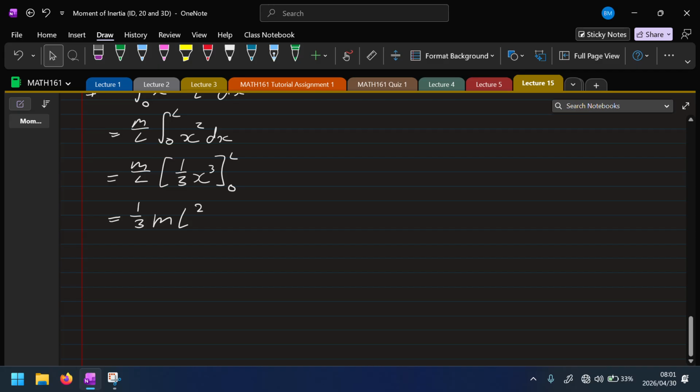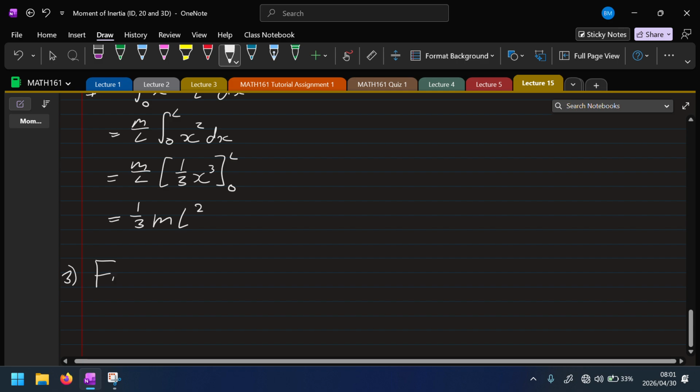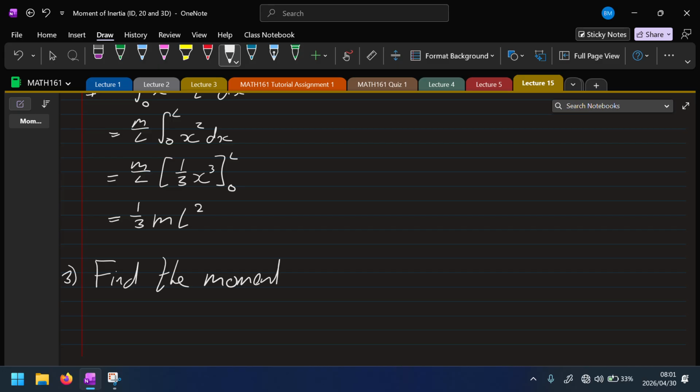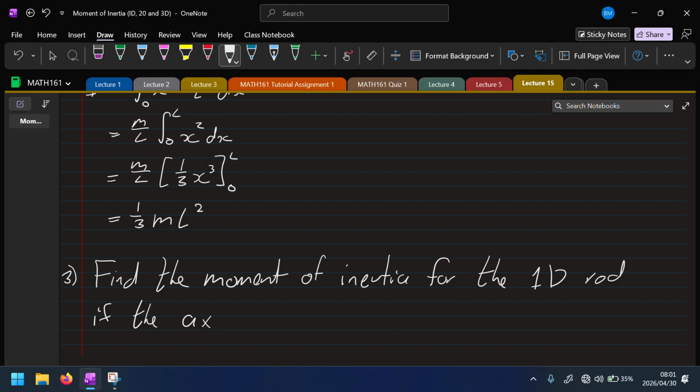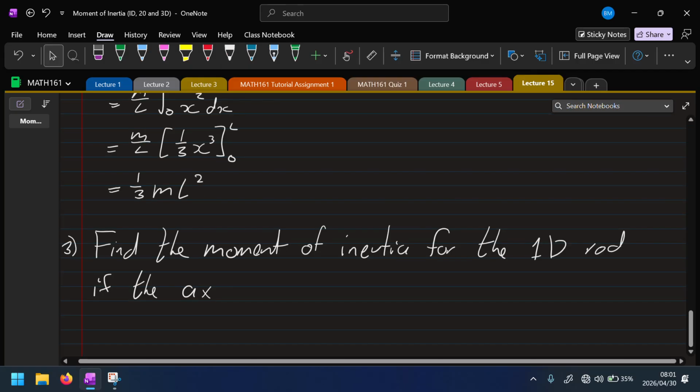Okay, so then the third one you're going to do for homework. Find the moments of inertia for the 1D rod if the axis is 1/3 into the rod.